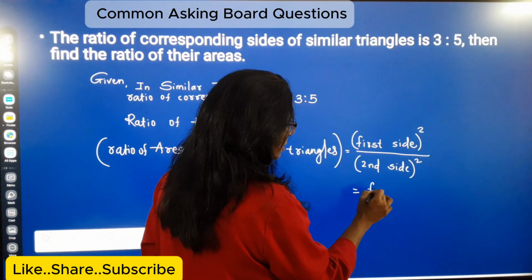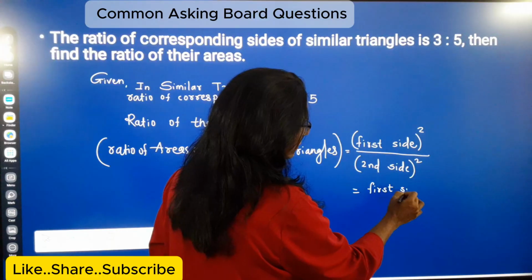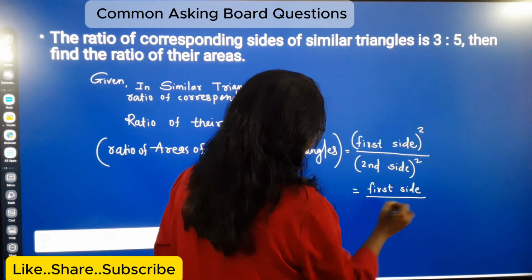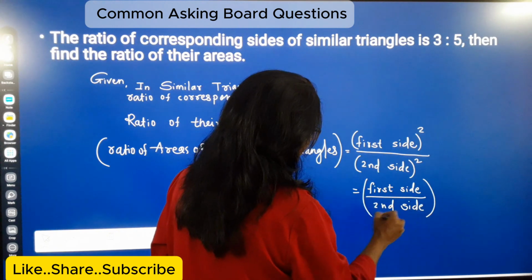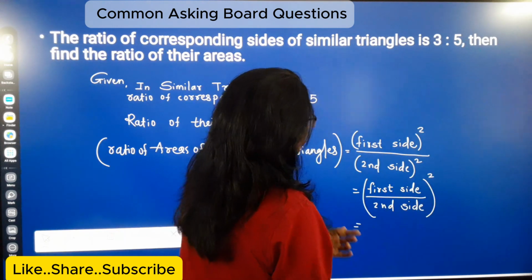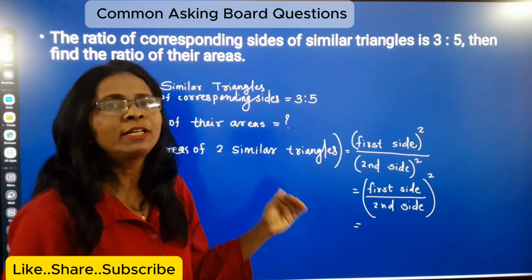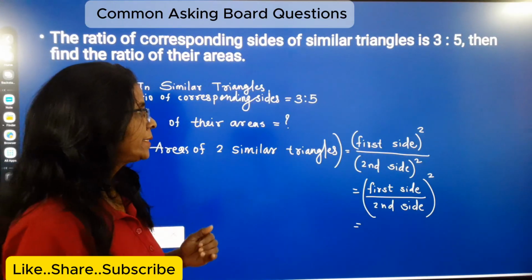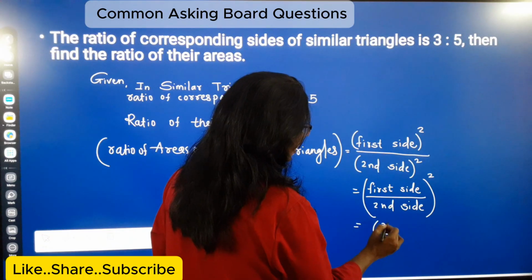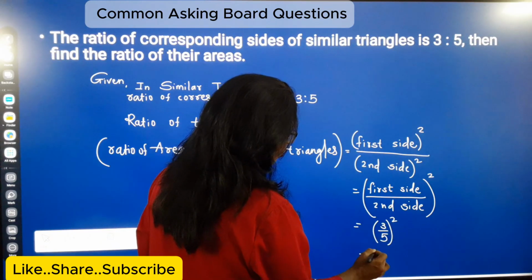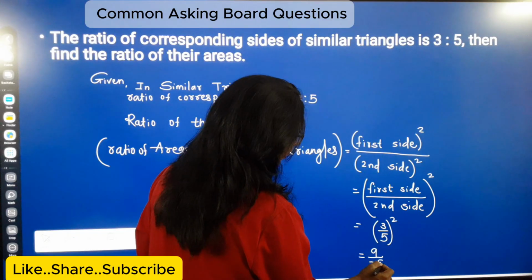That means first side upon second side, whole bracket square. So now we write the ratio of the first side to the second side, that means 3:5. That means (3/5) whole bracket square, so that is equal to 9/25.